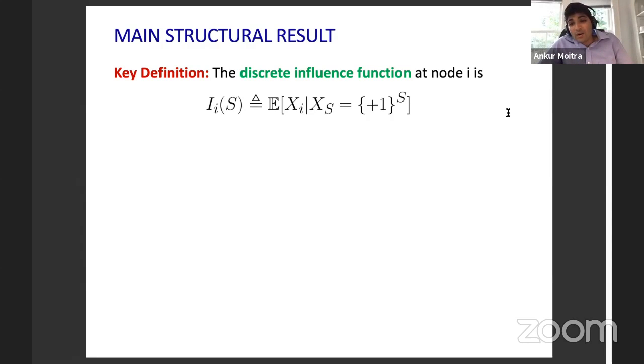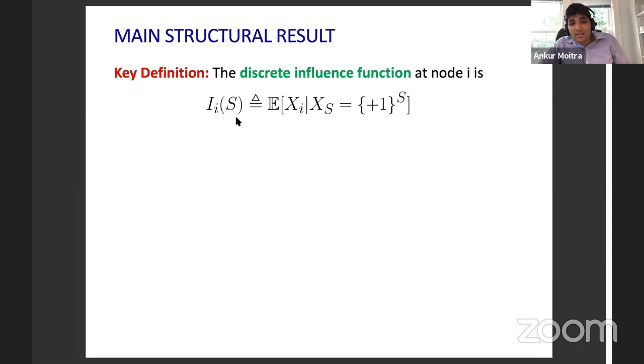There's something very important called the discrete influence function. This will be a little bit funny, but the way it works is: look at some node i, which has a random variable x_i associated with it, a ±1 variable. You can look at its conditional expectation. What happens if you specify a set S of some nodes, so x_S, a bunch of spins?